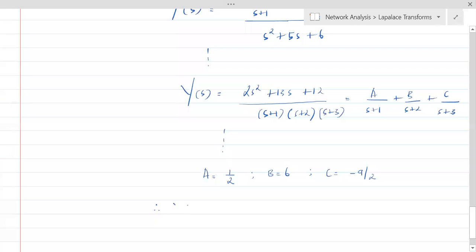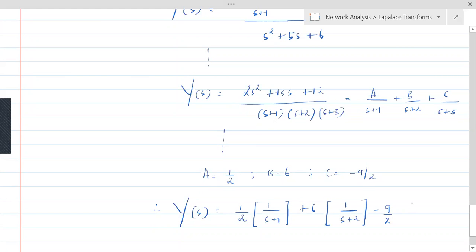Therefore y of s would become half into 1 by s plus 1, plus 6 into 1 by s plus 2, minus 9 by 2 into 1 by s plus 3.